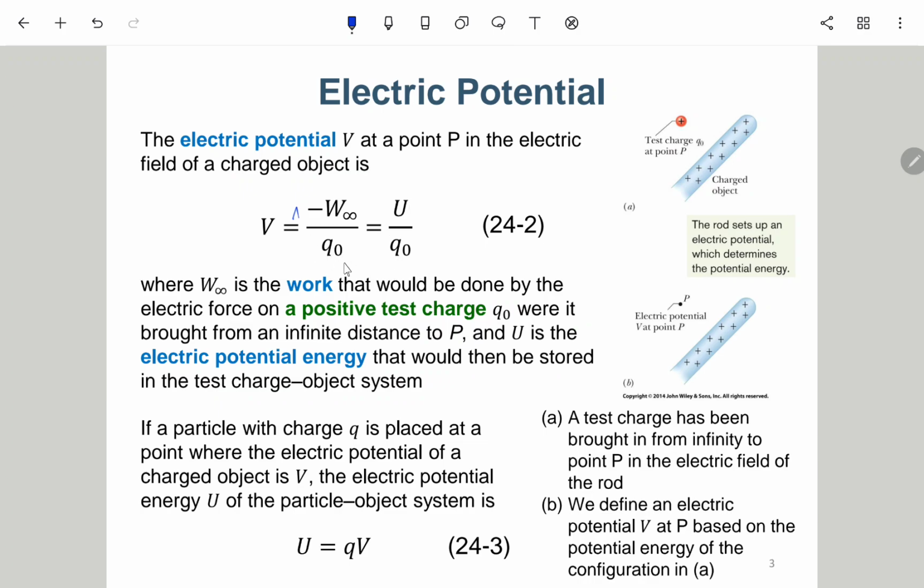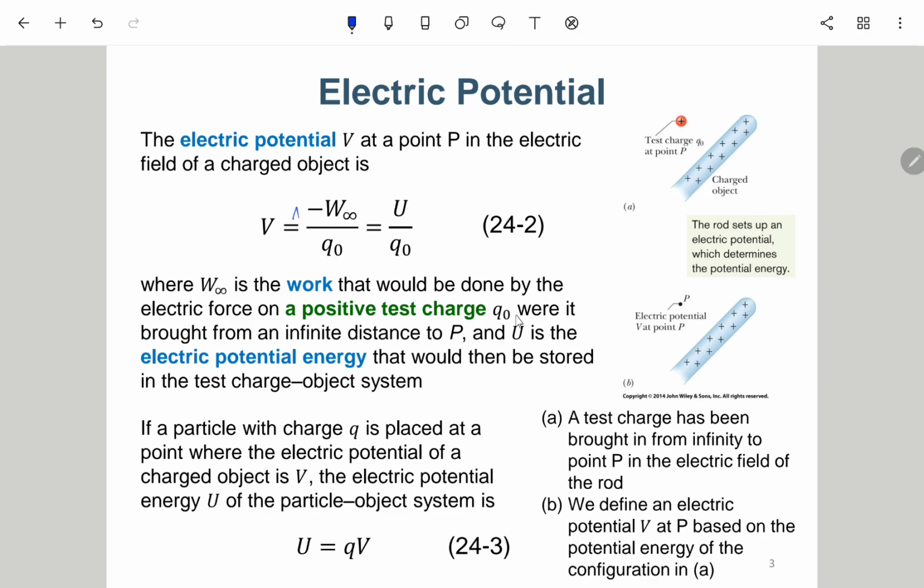Of course Q0 is still the positive test charge, and W infinity is the work that would be done by the electric force on a positive test charge Q0.